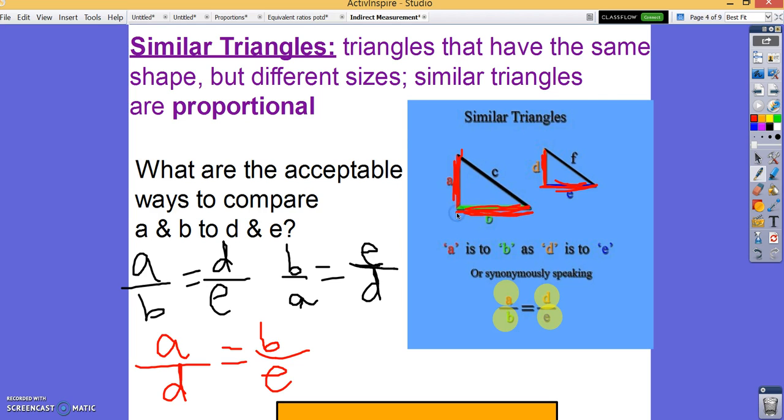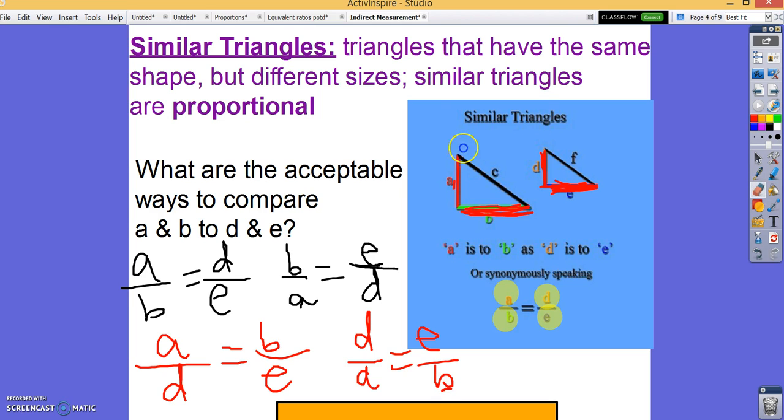We could do D over A. And then since we started with the smaller of the triangles, we'd have to have E on top, E over B. So there's a lot of different ways that you can compare this.